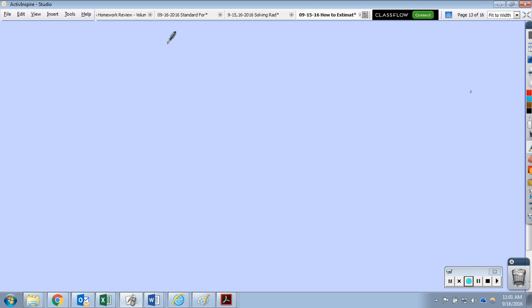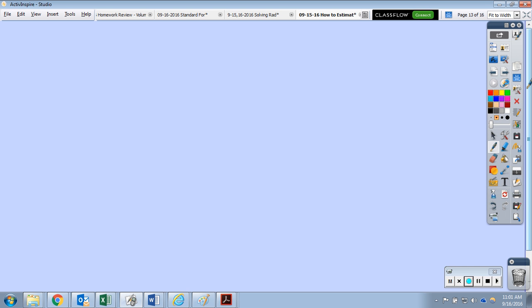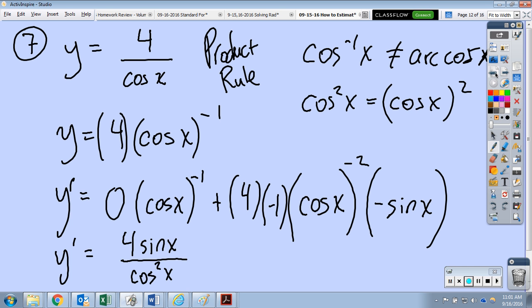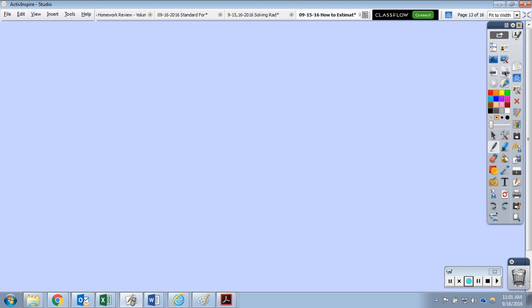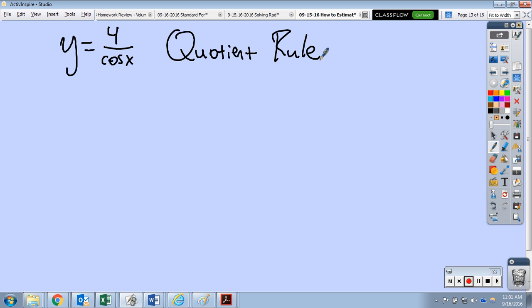So let's try to do it using the quotient rule. y equals 4 over cosine of x. Same problem, same quotient. All right, here we go.